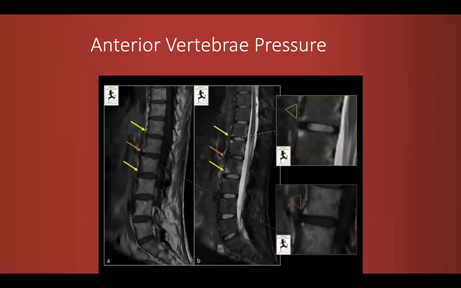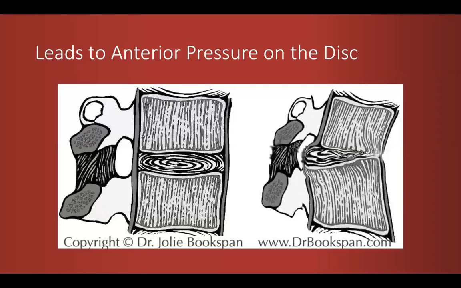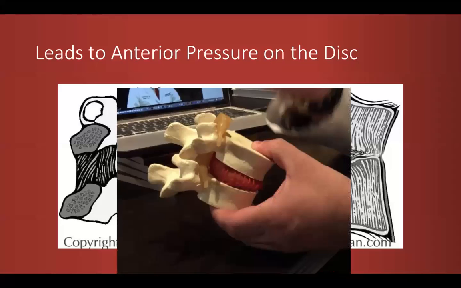And what will happen then is you'll have an anterior pressure on the vertebral bodies, which you'll see by changes in the vertebral bodies anteriorly. And that leads to an anterior pressure on the disc. And if you have an anterior pressure on the disc, then you're going to get a posterior bulge. And if that disc has enough pressure on it, the bulge starts to push its way through the annular fibers and eventually ruptures.